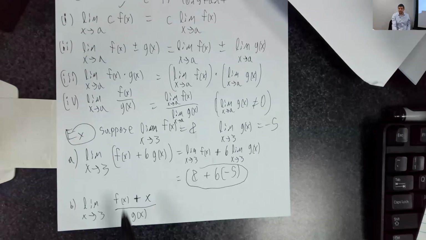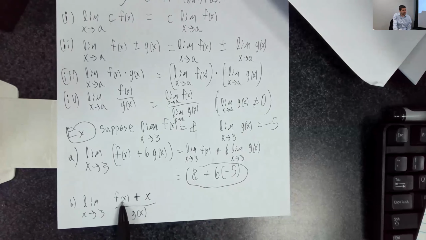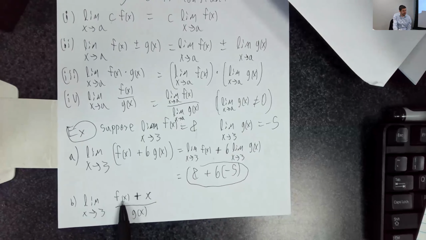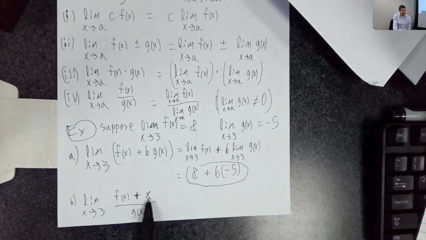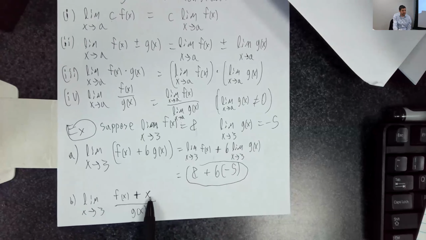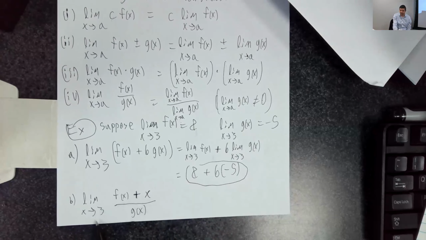Now this theorem says I could do each piece separately. That means every little piece, what will f of x get replaced by? 8. But now the function x is a continuous function. So what's the limit of x if x goes to 3? What will x get replaced by? Just 3, right?